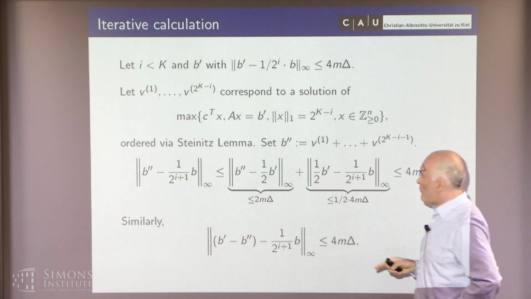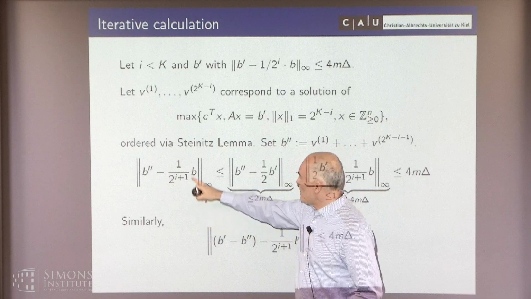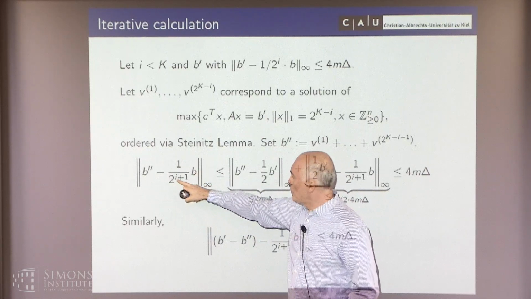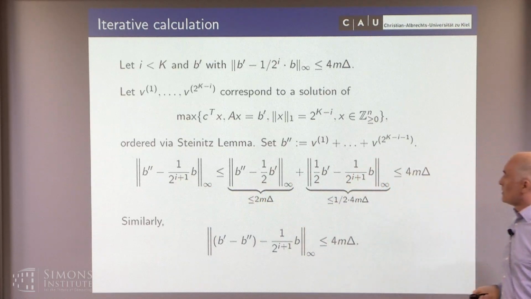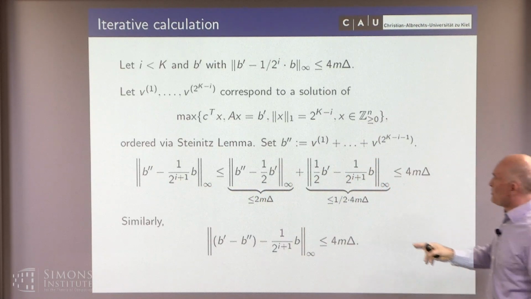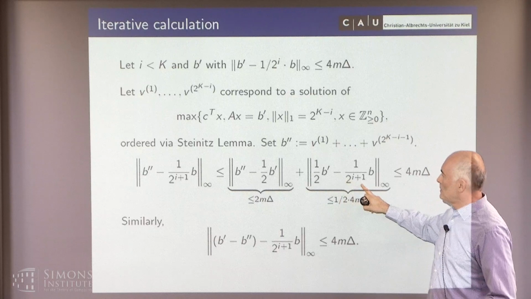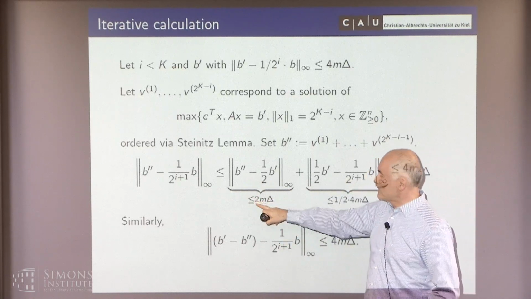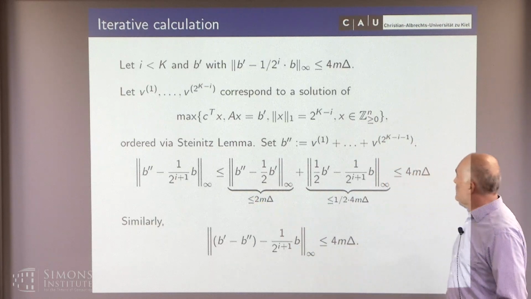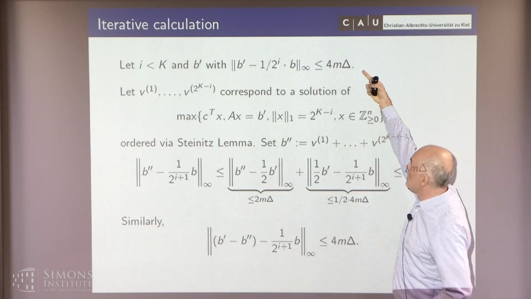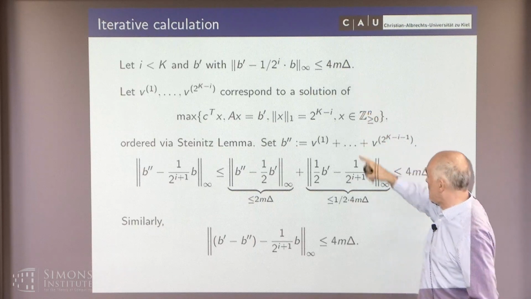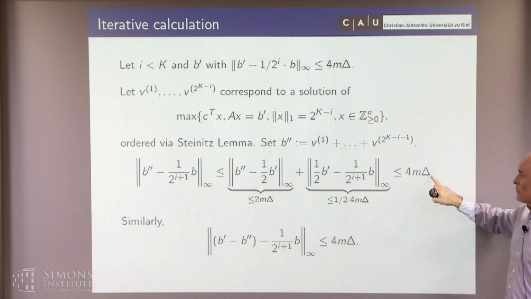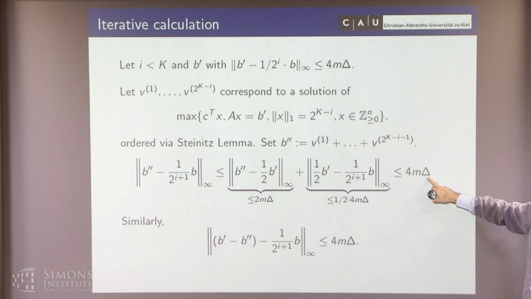And then you look at how far b double prime is away from the next iteration, if you have 2 to the i plus 1 in the denominator. And then you can split this in two parts. For the first part, we know by the Steinitz lemma that the difference is 2m delta. And for the other part, by assumption, this distance is 4m delta, but you can scale it with 1 over 2. So in total, we get also 4m delta.